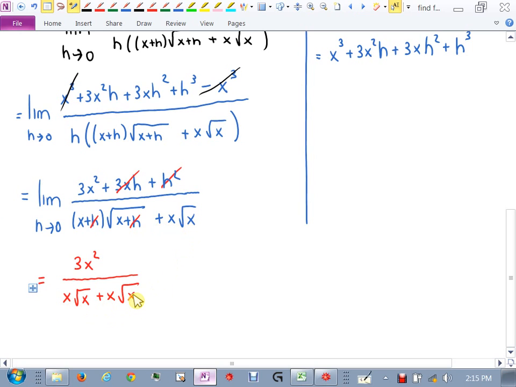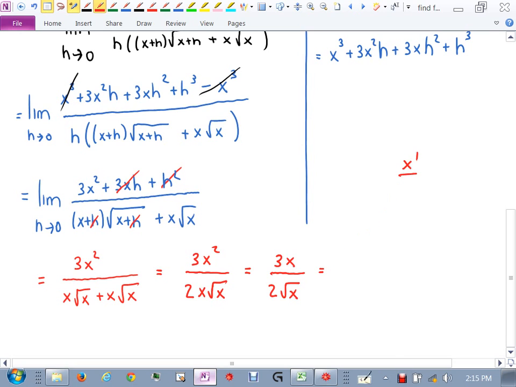How many x square root of x's do I have? 2. 3x squared over 2x root x. Now can I cancel an x on the top and bottom? Yes? So I have 3x over 2 root x. Yes? Almost there.